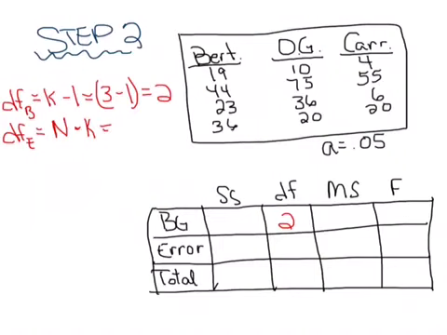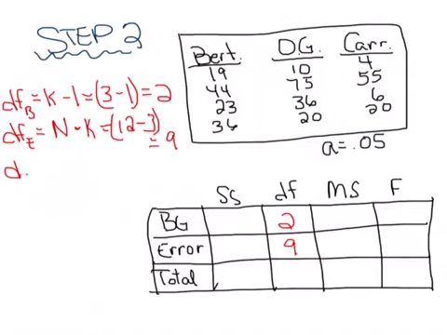We have 4 observations at Bertucci's, 4 at Olive Garden, and 4 at Carrabba's, so we have a capital N of 12 if you add all those together. And we know that K is 3. Don't use the degrees of freedom of K, use the actual K. So we end up with 9. Our error is 9.